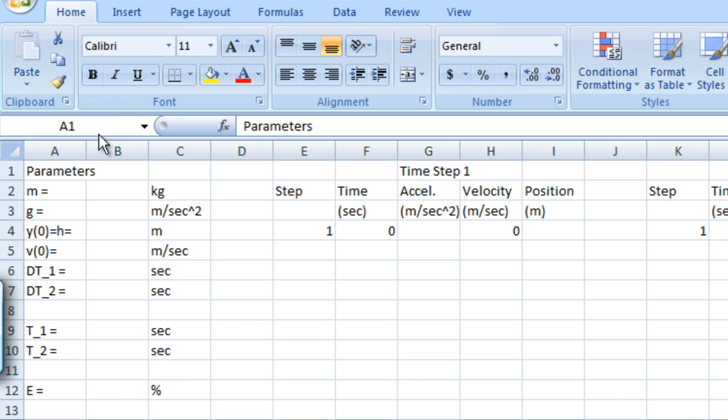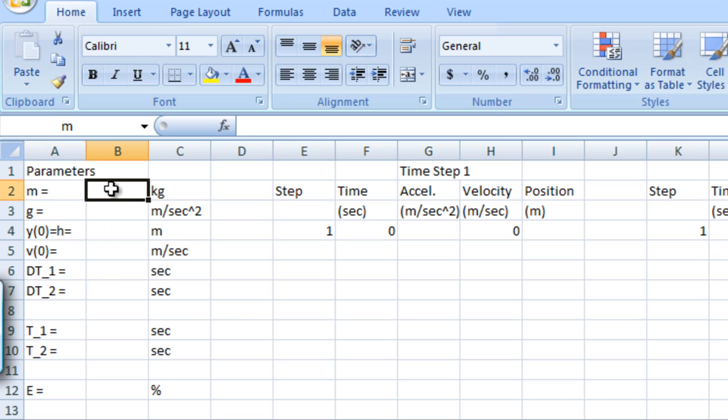We'll start by looking at the parameters section of our worksheet up here in the top left corner. You'll see that we need to enter values for the mass of the cherry, the gravitational acceleration, the initial height, the initial velocity, and our choice of time step size.